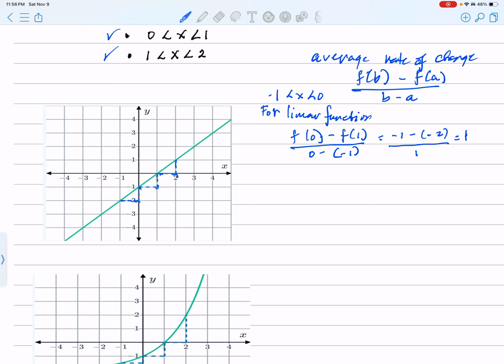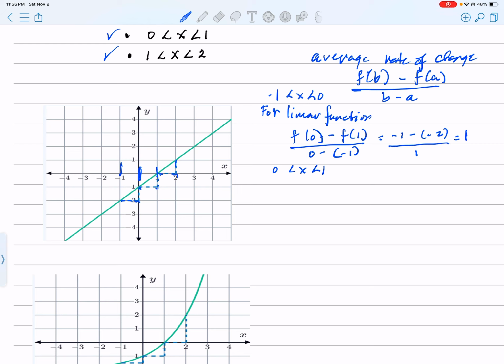So from the interval of 0 to 1, okay, the range 0 to 1 is from here to here. So before we did negative 1 to 0, right?